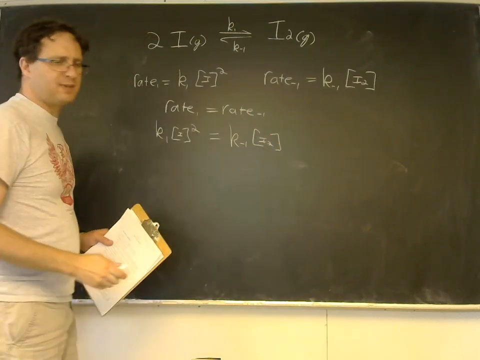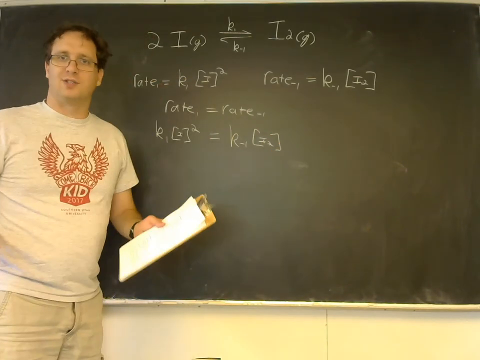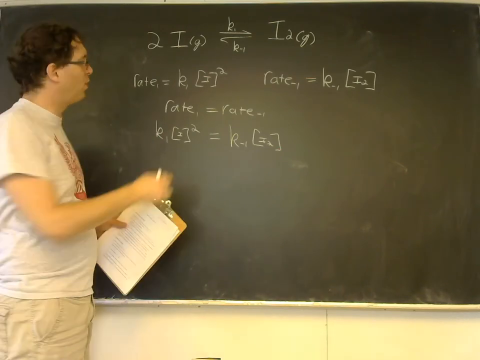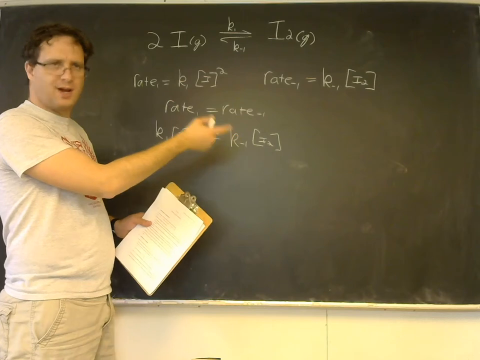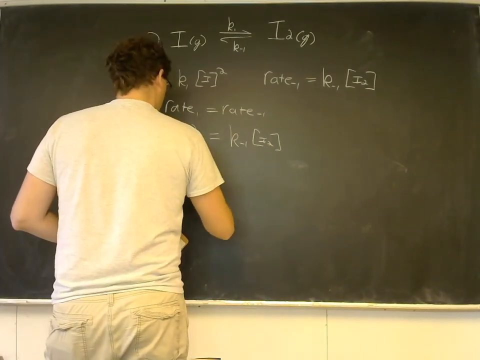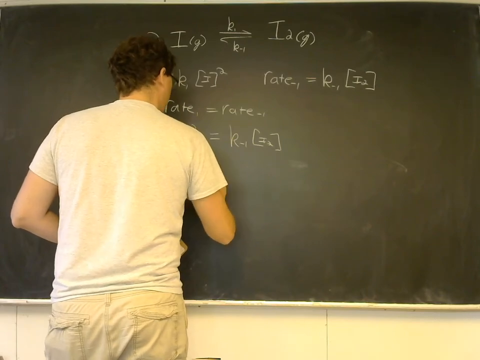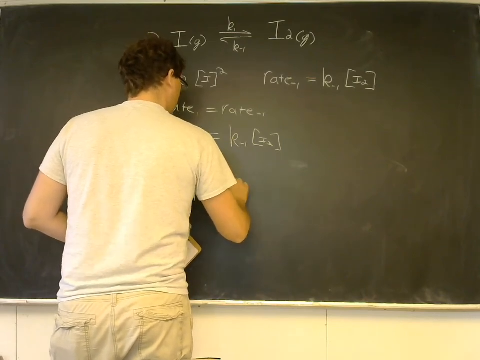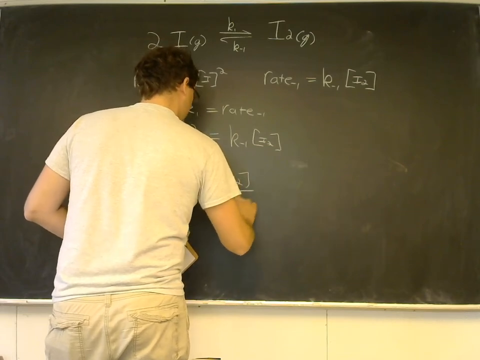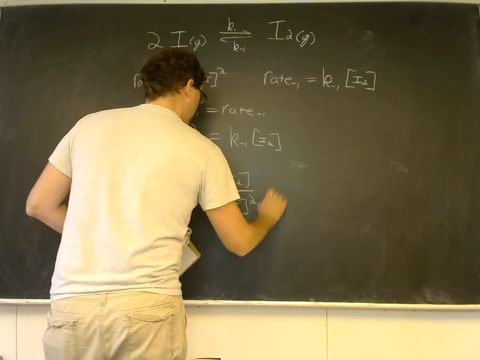Only this time, instead of trying to solve for the concentration of some reaction intermediate, let's just put all of our concentrations on one side and all of our constants on the other. So k1 over k-1 is going to equal the concentration of I2 over the concentration of I squared.